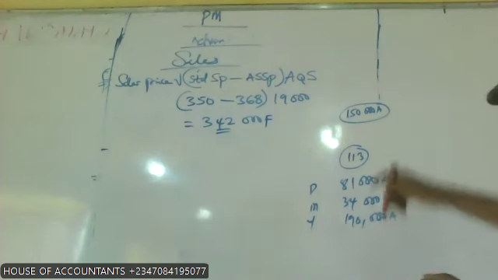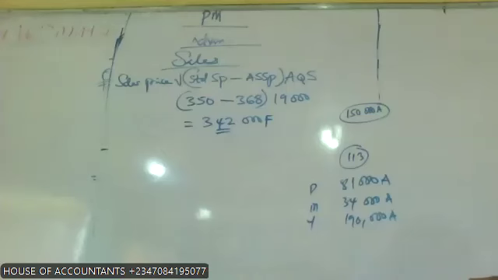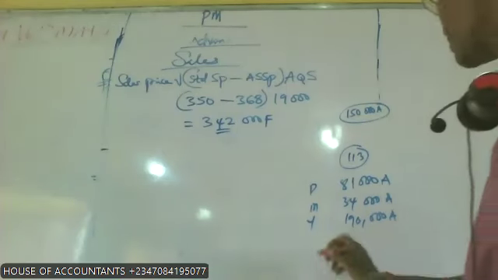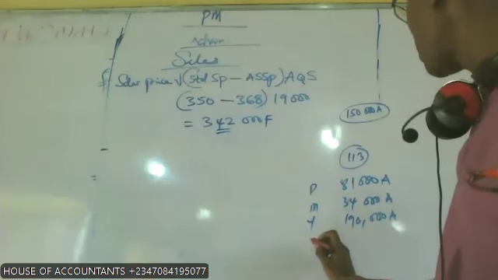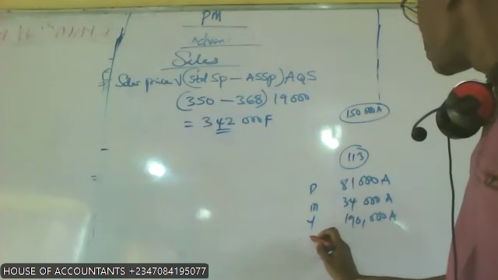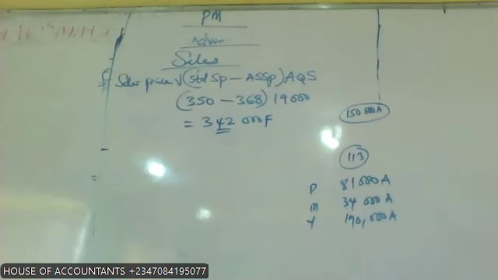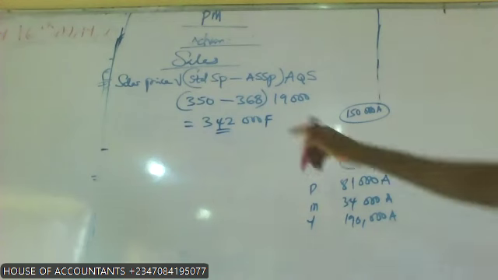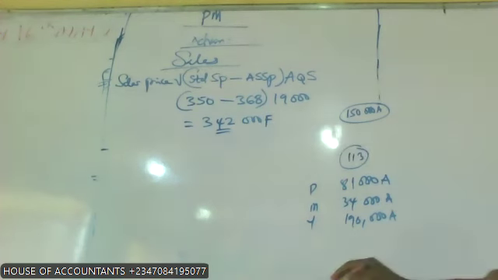Then this one is also adverse. So there's no favorable at all. Is there anything favorable? No. The addition of all these three gives us what?